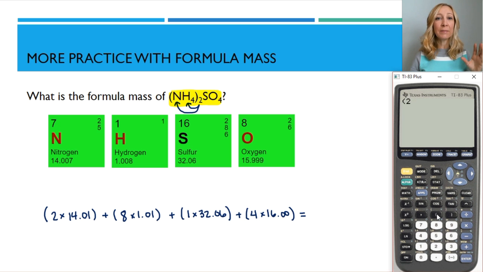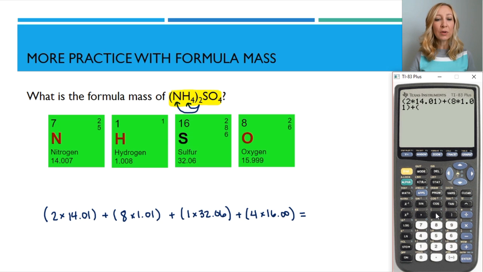And then I've included my nitrogen, my hydrogen, my sulfur, and my oxygen. And now all I have to do is type all of this into a calculator, including those parentheses to keep the order of operations intact, and then I get my answer.